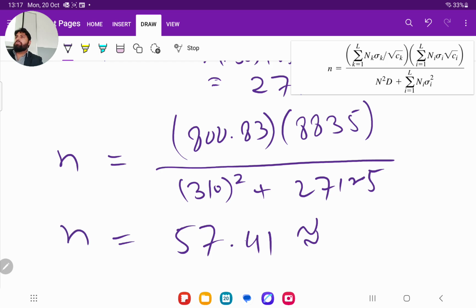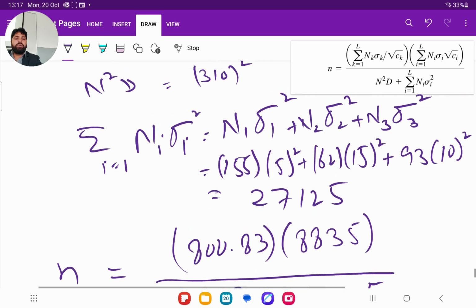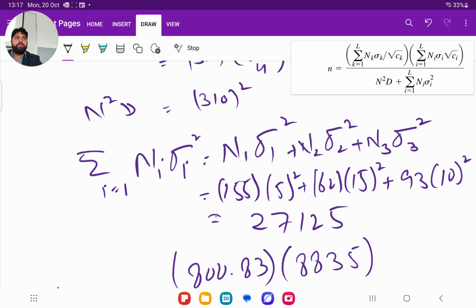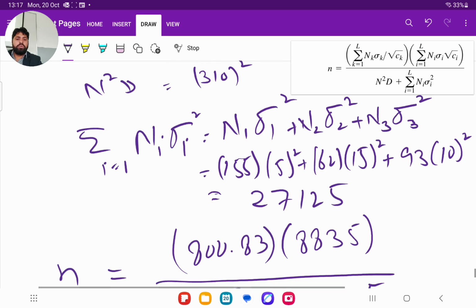There is always a margin of error. Why 10 square?